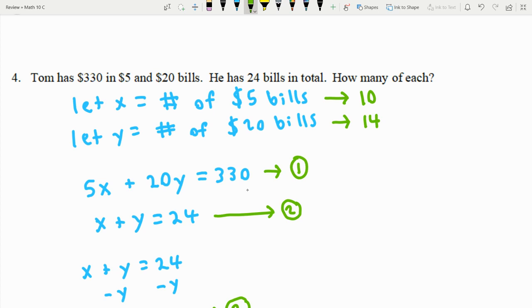So 10 $5 bills and 14 $20 bills would be the solution to my system of equations. If I plug in 10 $5 bills and 14 $20 bills into both of my equations, they should check out.